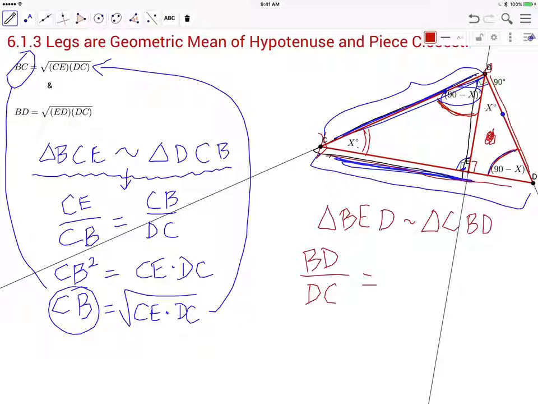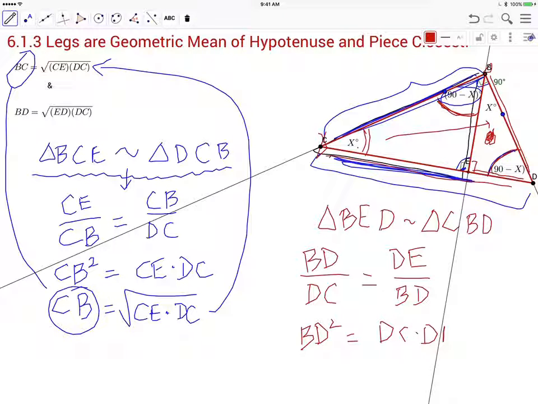And let's be careful here. The side opposite the x is DE, and the side opposite the x in the large triangle is BD. So when we cross multiply, BD squared is equal to DC times DE. And hopefully I've chosen the right things here.